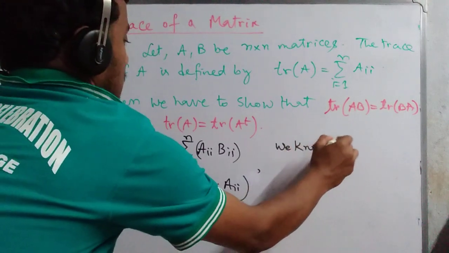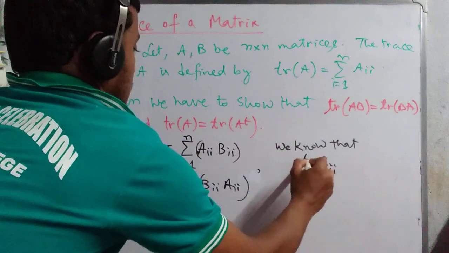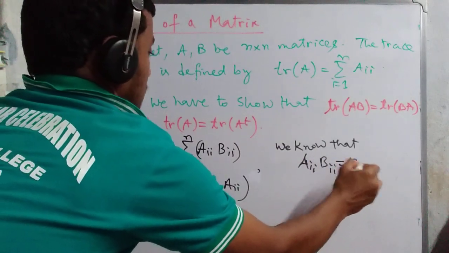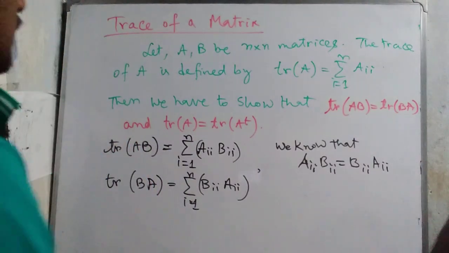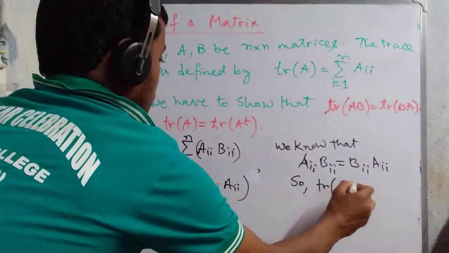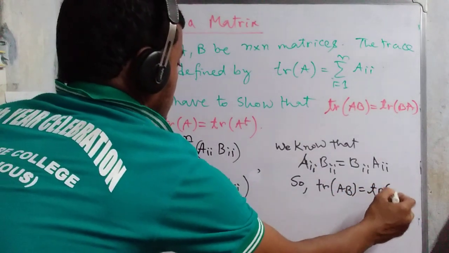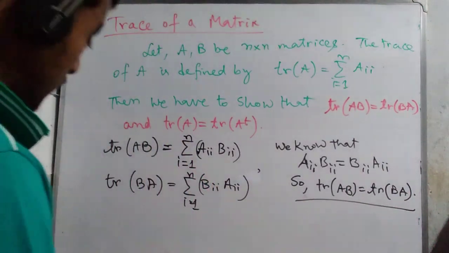We know that a_ii b_ii equals b_ii a_ii. So trace of AB equal to trace of BA. Understood? Not a problem at all.